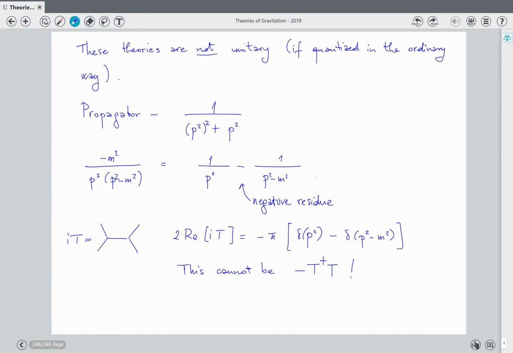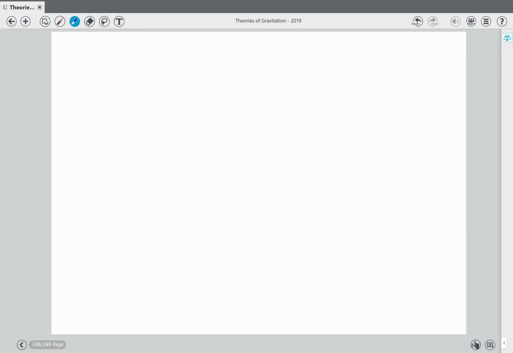One can ask, is there a problem at the classical level? Yes, these theories have problems also at the classical level. Higher derivative theories. The problems are not called ghosts, they are called in a different way, but they are there.